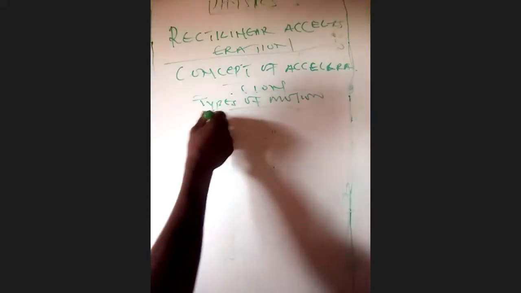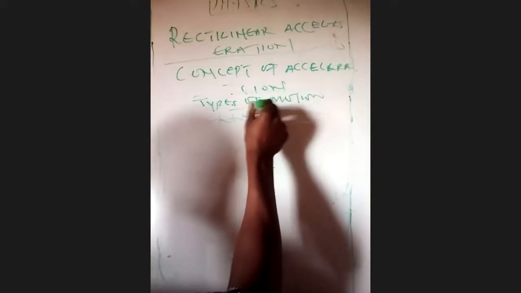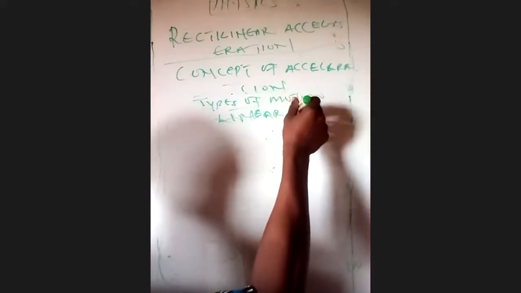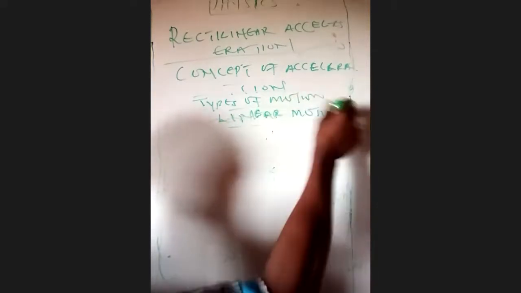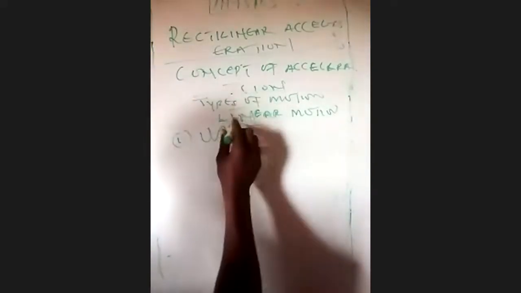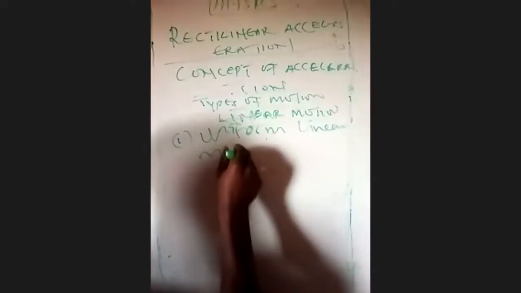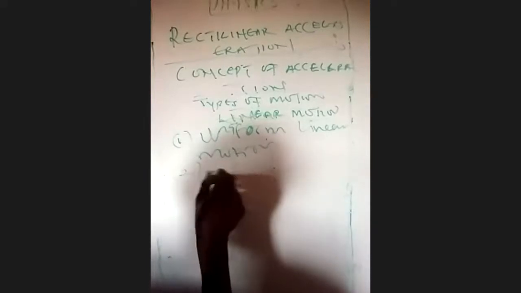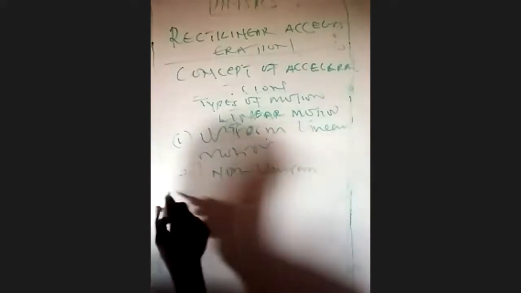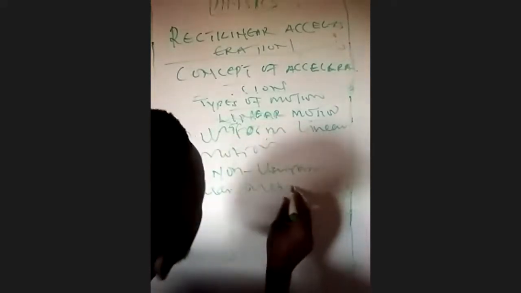So we have two types of linear motion. We have uniform linear motion, and we have non-uniform linear motion.